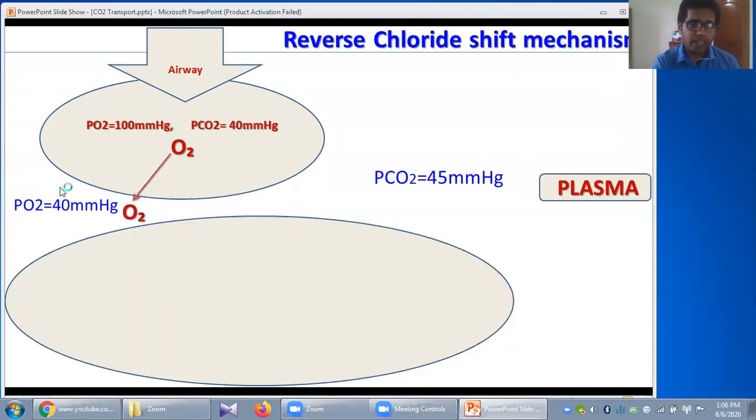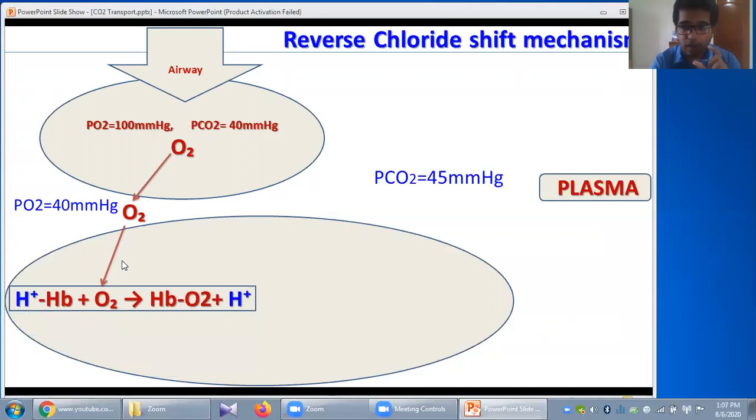Now the mixed blood reaching the pulmonary capillary has a very low partial pressure of oxygen, 40 millimeter of mercury. So there is a big pressure gradient of oxygen, and that will allow the diffusion of oxygen from alveolar air to the blood. And in the blood, this oxygen molecule will enter into the red blood cell.